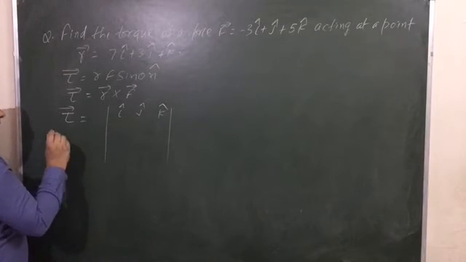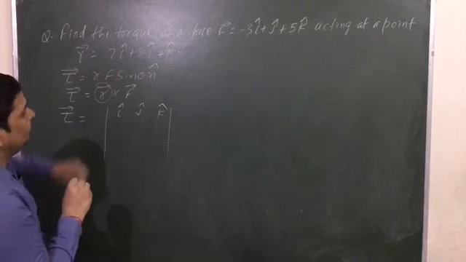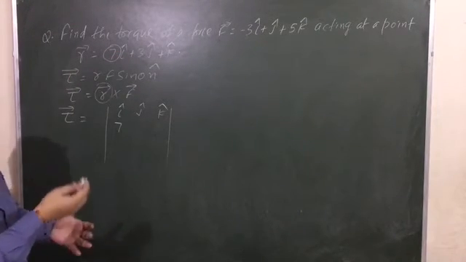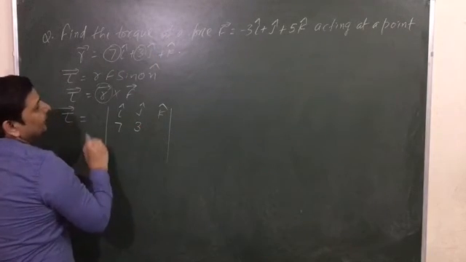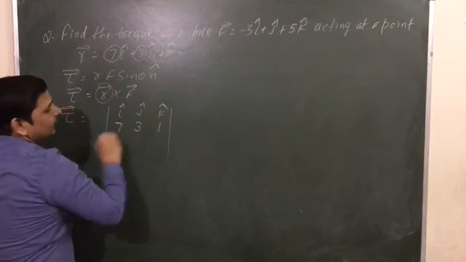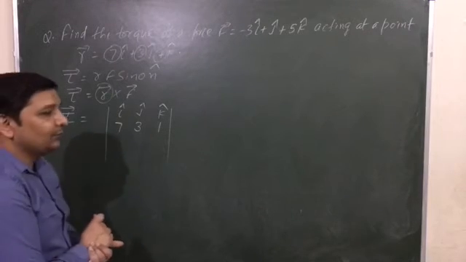Now, the rectangular components of vector r are 7 along the x axis, 3 along the j axis, y axis, and 1 along the z axis. 7, 3, 1 are the rectangular components of vector r.